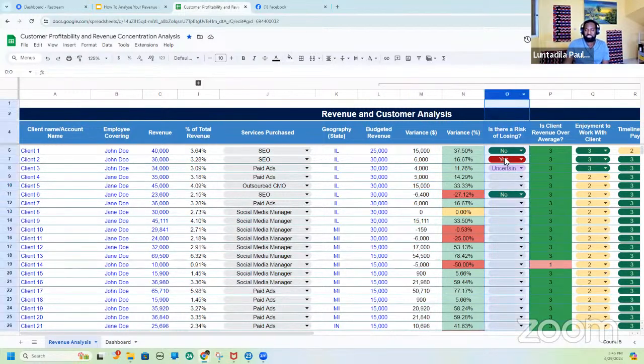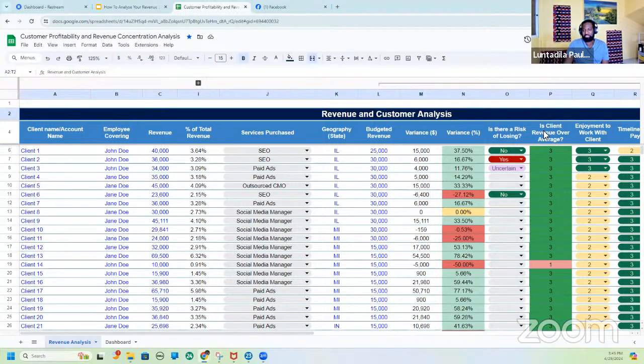So a very important question to ask for each one of your clients. And we also have a scoring mechanism here, right? That determines whether the client is at average or higher. And this formula, we have created it based on the level of profit that the client brings to the company. Okay.